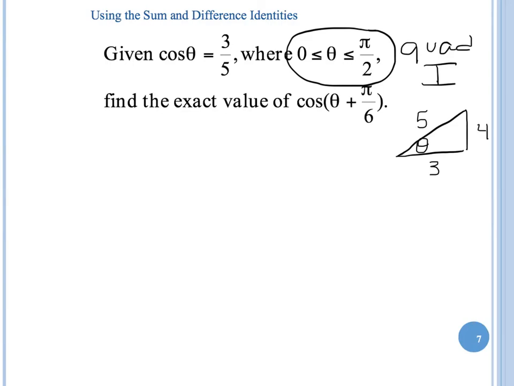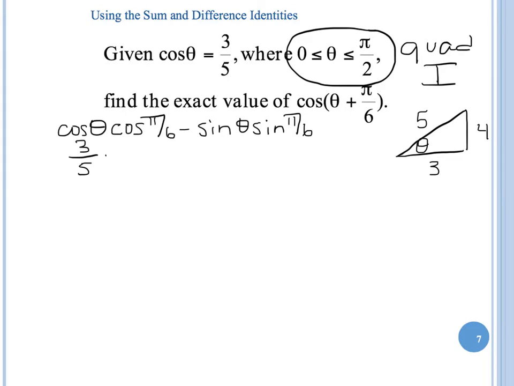So cosine addition gives me cosine, cosine, minus sine, sine. So I know my cosine because they indicated that.